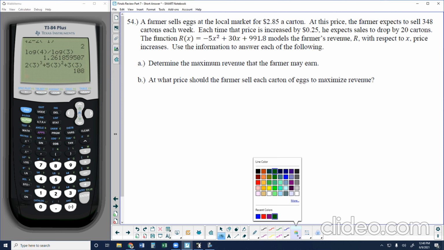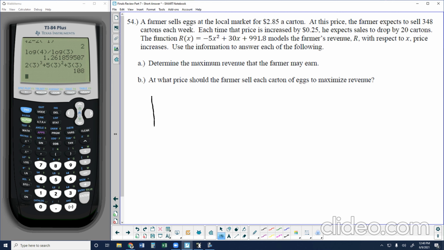So they gave us the equation here for the revenue, and I'm going to go ahead and sketch a graph for revenue. On the y-axis, this is going to be revenue. This is the R of x equation. And on the x-axis, this is the number of price increases.